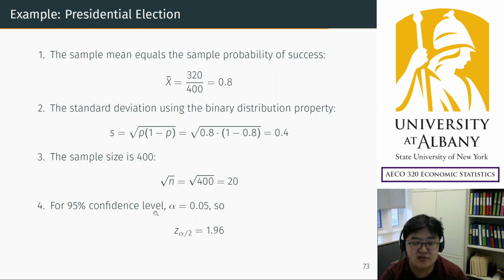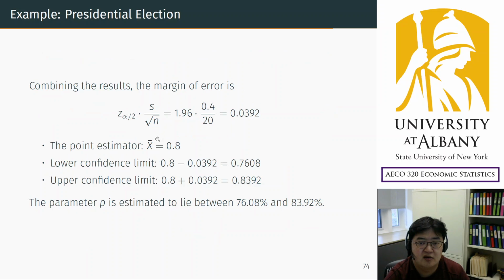Finally, for the 95% confidence interval, always use 1.96, approximately 1.96. This is the z value used for the interval. Then we are ready to calculate everything.